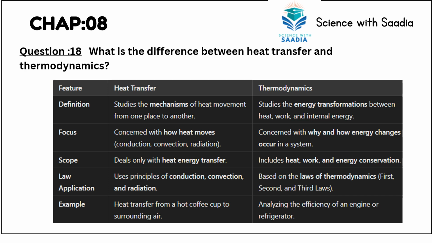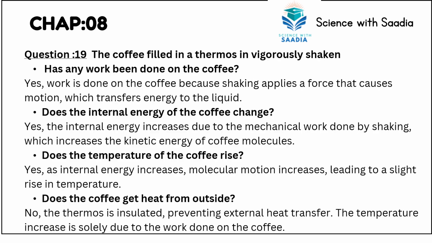Heat transfer deals only with heat energy transfer, while thermodynamics includes heat, work, and energy conservation. Heat transfer uses the principles of conduction, convection, and radiation, while thermodynamics is based on the laws of thermodynamics, first, second, and third. An example of heat transfer is heat moving from a hot coffee cup to the surrounding air, while thermodynamics analyzes the efficiency of an engine or refrigerator.